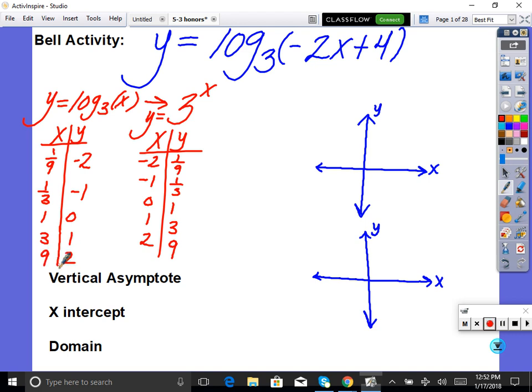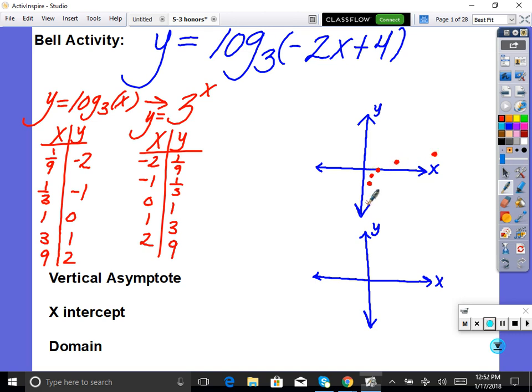So now, just because I'm trying to get you to be able to think about this without graphing it with exact y points, let's graph this, and then I'll graph the shifts in a minute. So here are the non-shifted log base 3 points. We are going over 1/9, down 2; over 1/3, down 1; over 1, up 0; over 3, up 1; over 9, up 2.